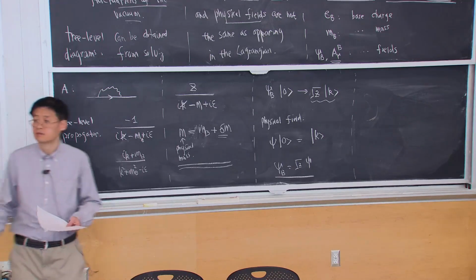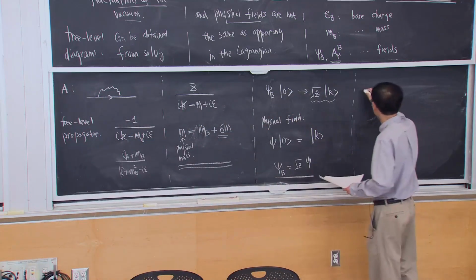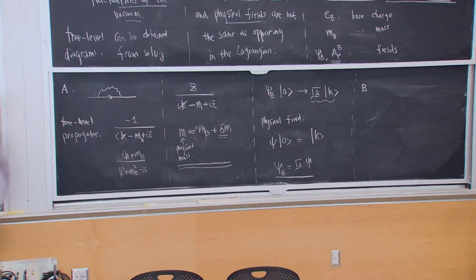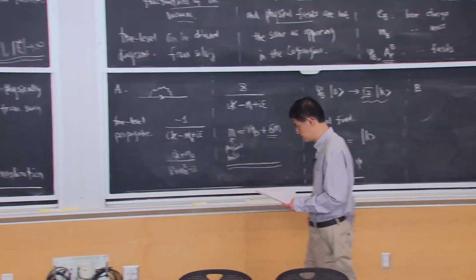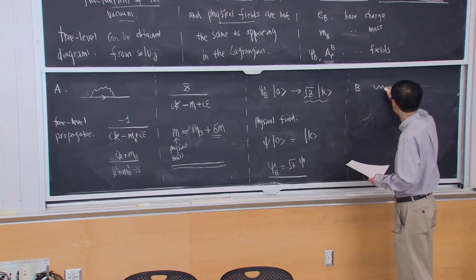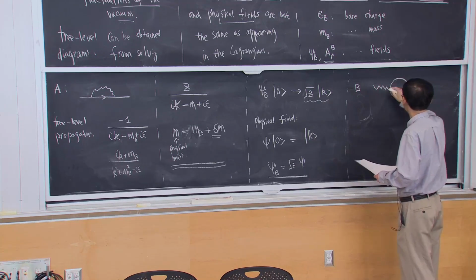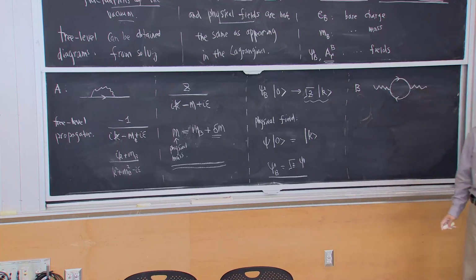Any questions on this? The similar thing is happening for the photon case. If you consider this process, this corresponds to a modification to the photon propagator. Now you find that the photon mass is not changed.